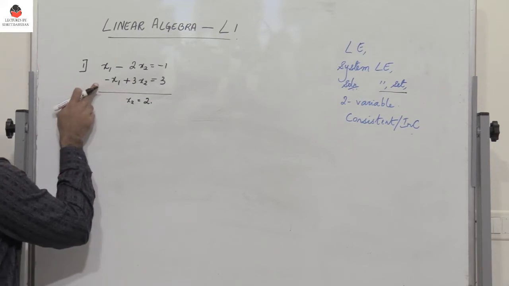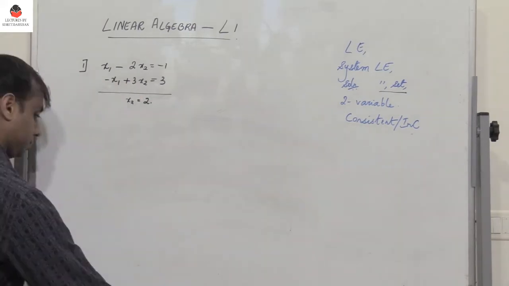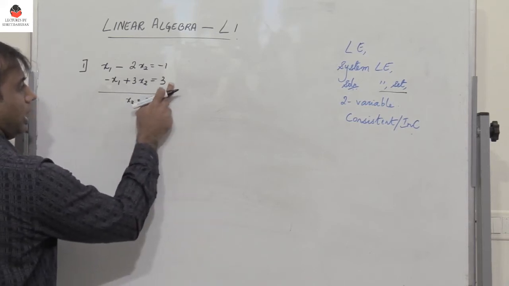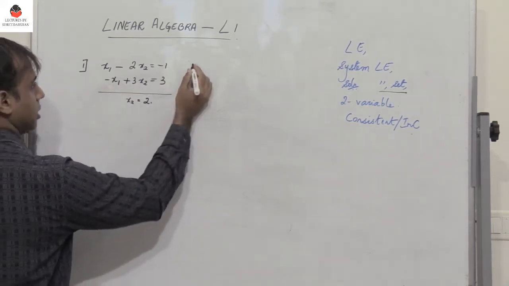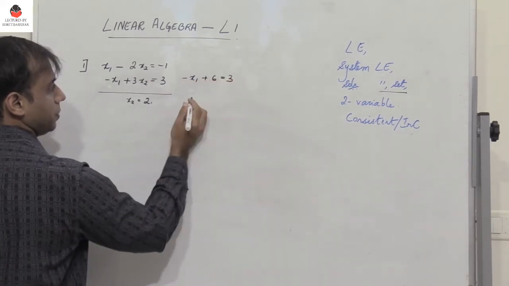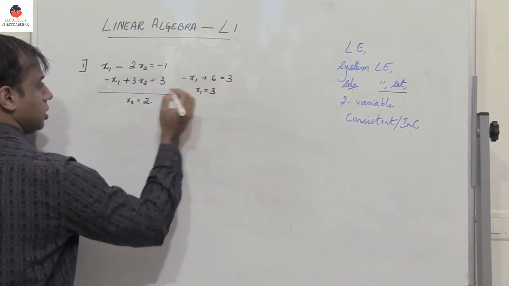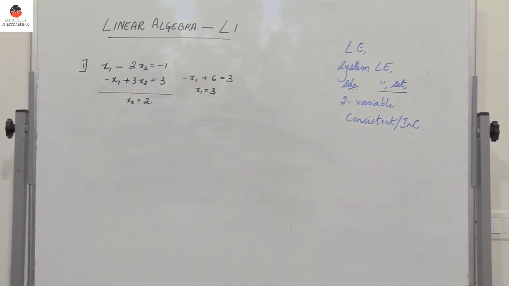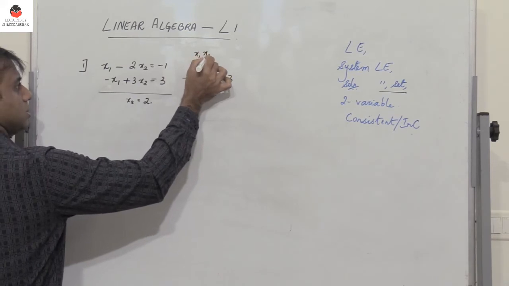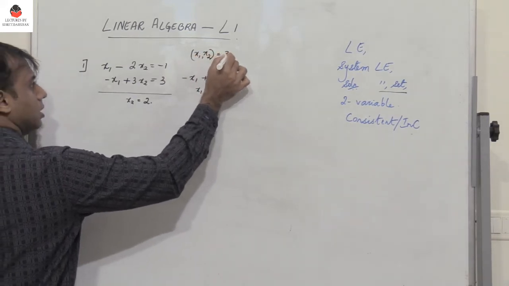Substitute the value of x2 in any one of the equations. So when I substitute x2 equals 2, I get minus x1 plus 6 equals 3. So x1 equals 3. So one of the solutions happens to be x1 comma x2, which is 3 comma 2.